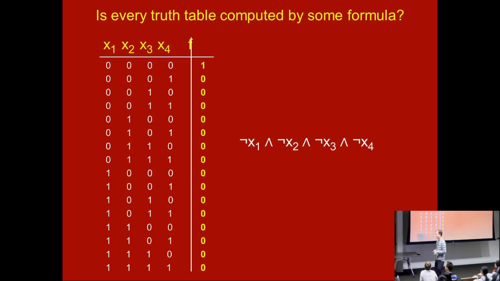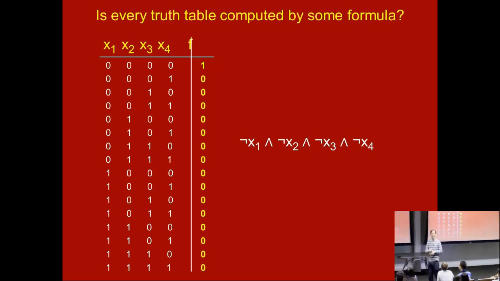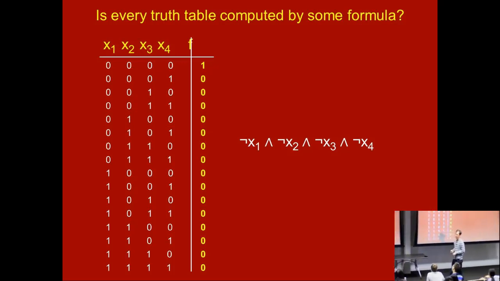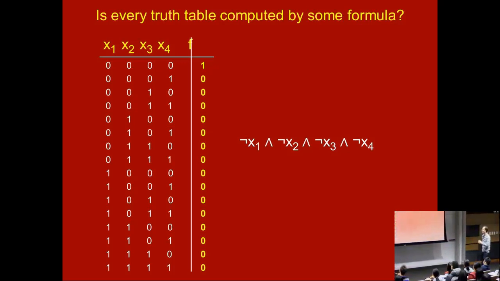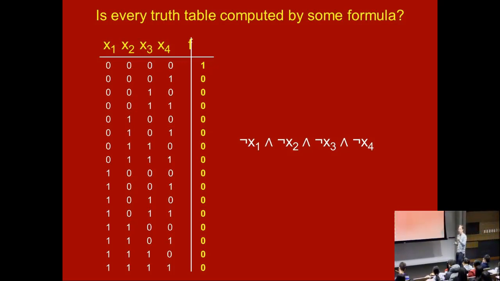Okay, yes, good. Sorry. There are many different formulas that compute the same Boolean function. Not only do you have to answer the question correctly, you have to psychically know what I'm thinking is the correct answer. I'll try to listen better.